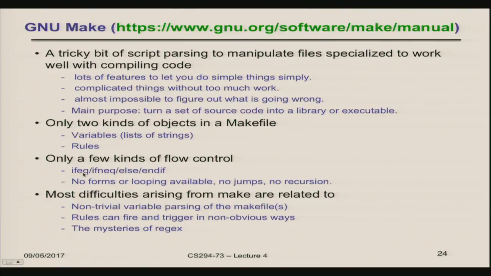There are only a few kinds of flow control: if equal, if not equal, else, and endif. No forms of looping available, no jumps, no recursion. In its original form, it was a single assignment language. You define things once and that was it.